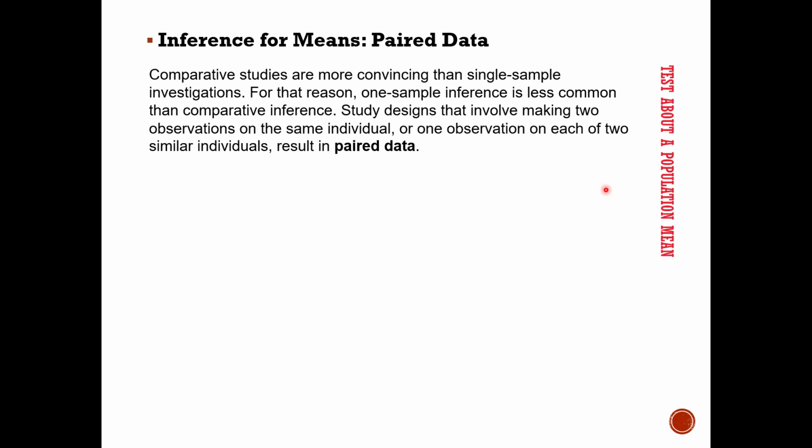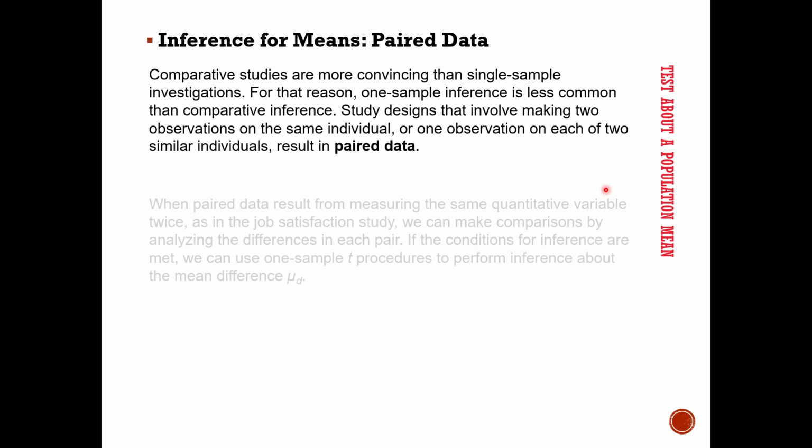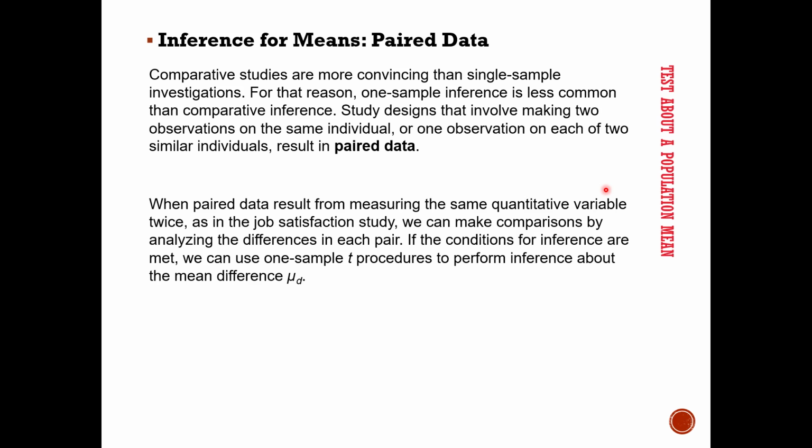One sample inference is often a lot less common than comparative inference, and study designs that involve making two observations on the same individual or one observation on each of two similar individuals result in what we call paired data. So when we have paired data, what we're really going to be analyzing is the differences in each pair, and we call these paired T procedures.